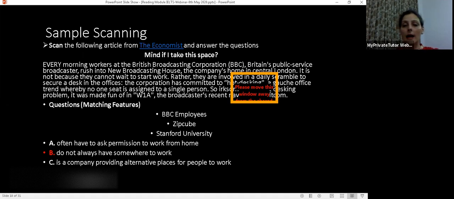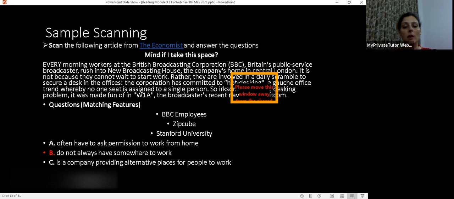Then you just scan the details, and they have given us the information also, three options also. Then again, three options, you have to match the matching features. What are the similar features and the most suitable answer to be picked up.